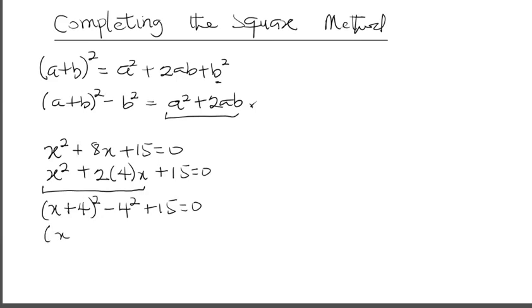Moving forward, we'll have (x + 4) all squared, and then this will be negative 16 plus 15, that gives us negative 1 is equal to 0.